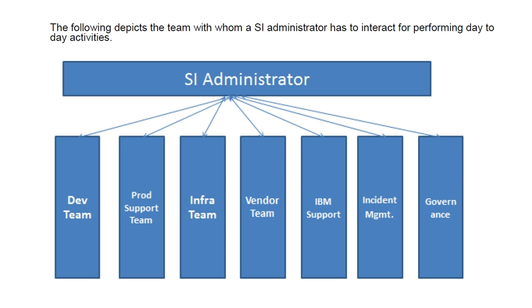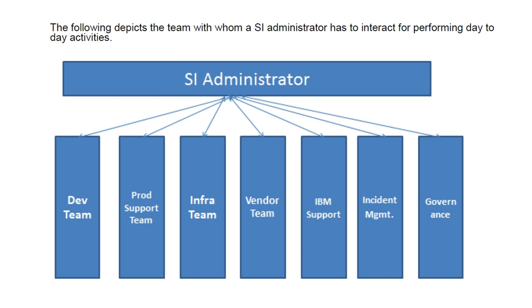So before we go into the day-to-day tasks and the tools and commands, I wanted to highlight that typically a Sterling Integrator administrator has to interact with different infrastructure teams and different application teams in day-to-day activities.